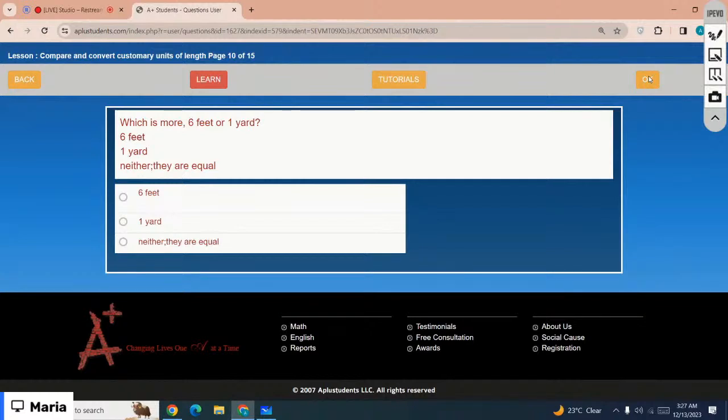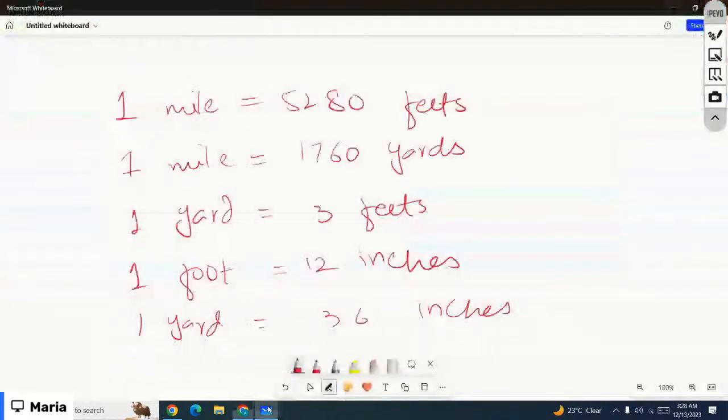Okay, the next one is which is more, 6 feet or 1 yard? Which is the correct option? 1 yard equals 36 inches, right?